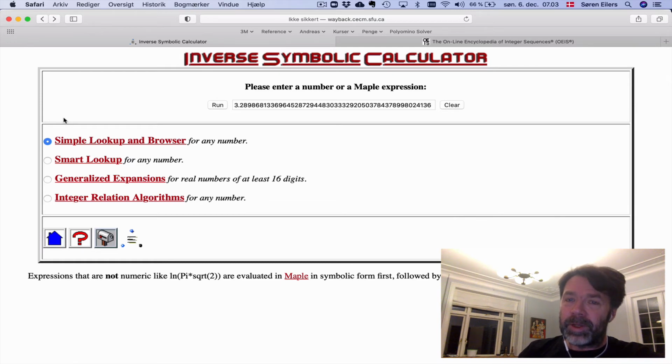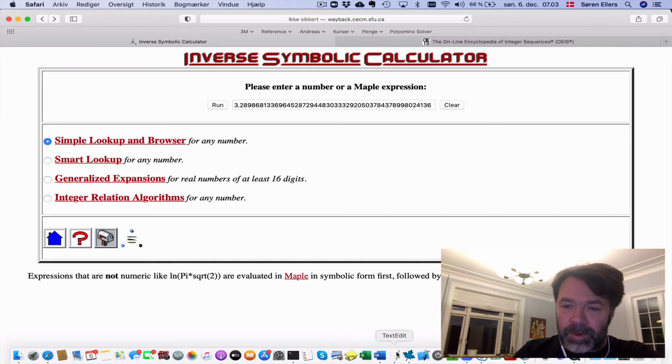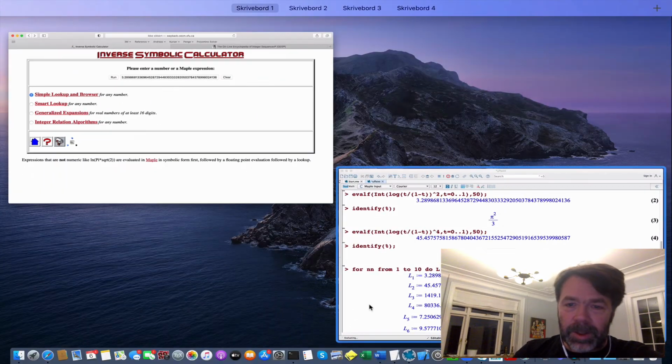For the inverse symbolic calculator, this has been moving around, and this apparently is the best one that is working at the moment. So the thing that I could then do, of course, is take my other constants.